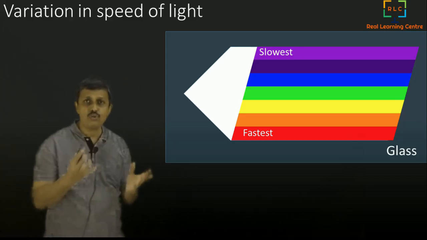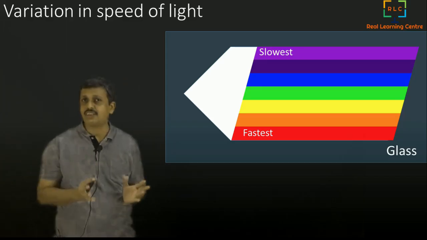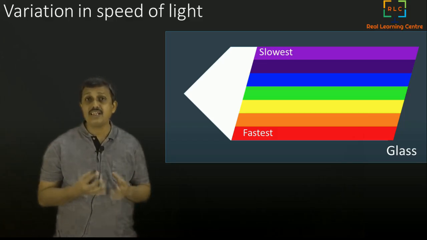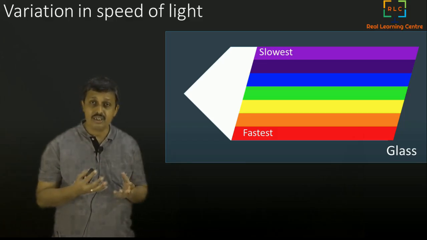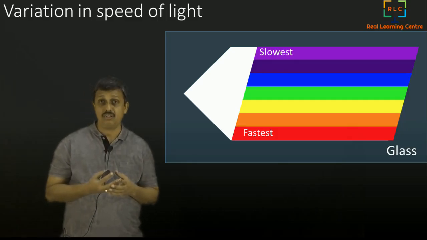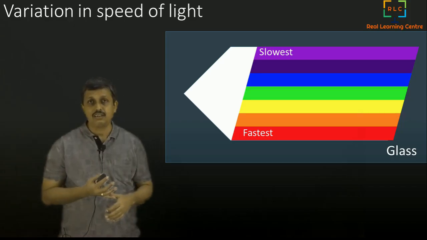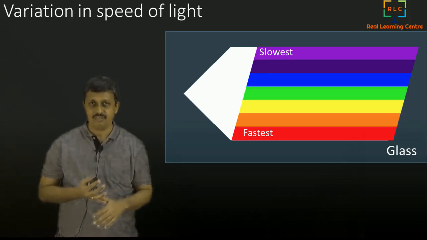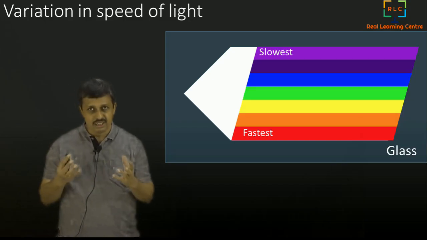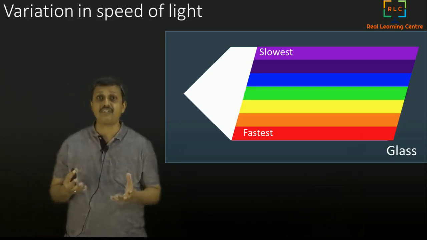Vacuum has no matter, so the colors don't interact with anything, and they all go with the same speed. The moment they enter a medium, they interact with the atoms and molecules inside the matter, and how they interact depends on what the matter is. Various colors interact very differently for various matter.